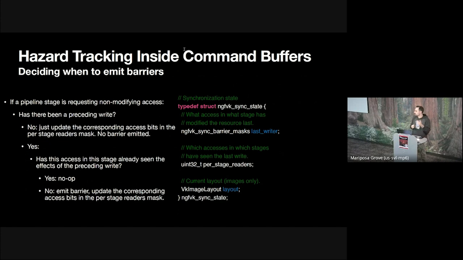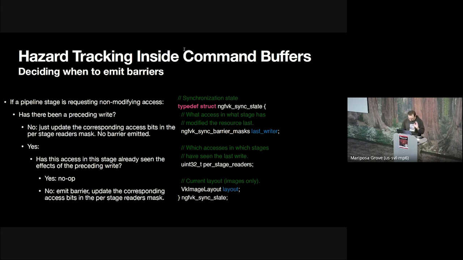And that is needed for any future writes to be able to synchronize with these reads. And then if there had been a preceding write, then we first need to check the relevant bits in the per stage reader's mask. If they are set, then we're all good, don't need to do anything. If they're not set, then we need to emit a memory barrier and then update our per stage reader's mask to reflect the fact that we're now caught up with the last write.